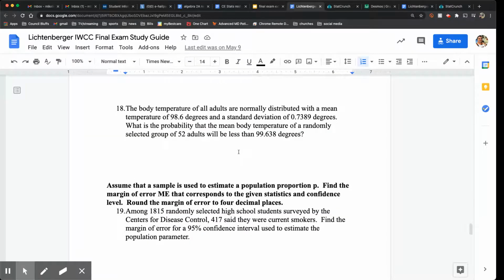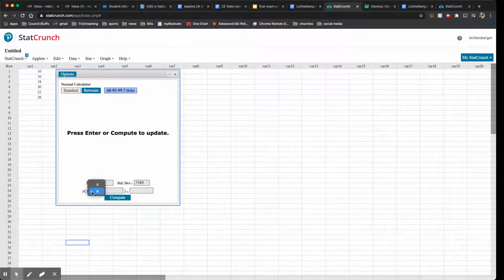Okay. What is the probability that the mean body temperature of a randomly selected group of 52 adults will be less than 99.638 degrees? So we want the probability that it's going to be less than 99.638 degrees.